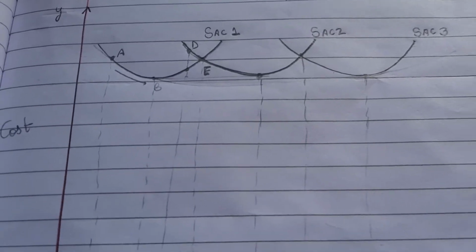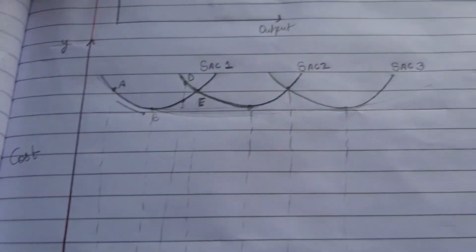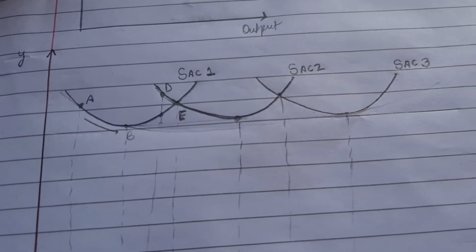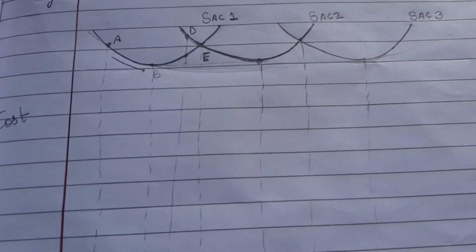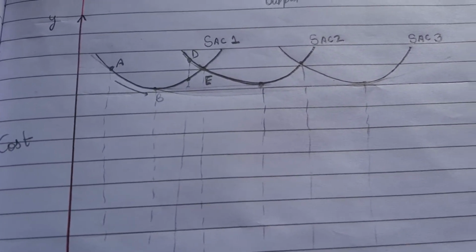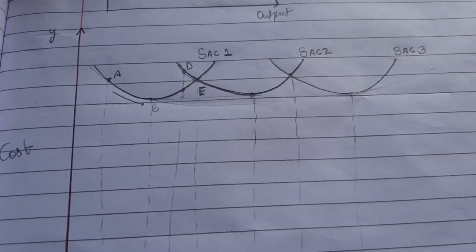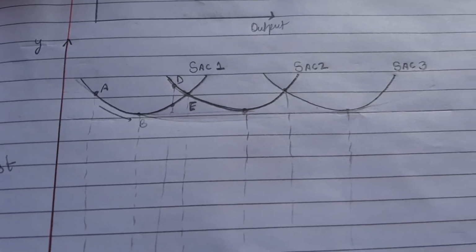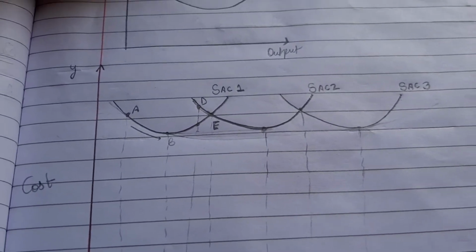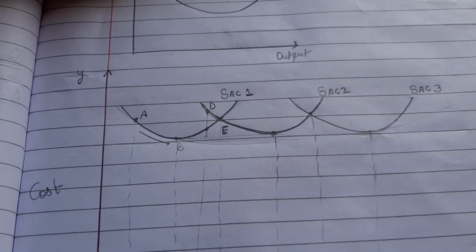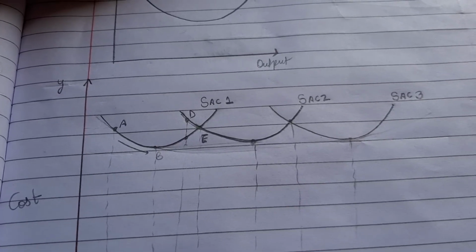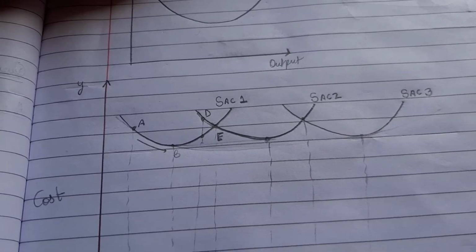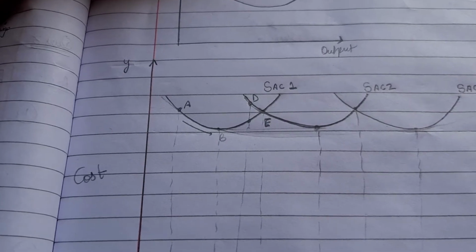Suppose I'm going to produce something, and I'm setting up a plant. I set up that plant in three different places, and then I look at the output, and I also want the cost to be minimum simultaneously, so that my work becomes easier. So these are the three short run average cost curves that I've drawn for three different plants in three different cities, because it is long run, so I have a lot of time.